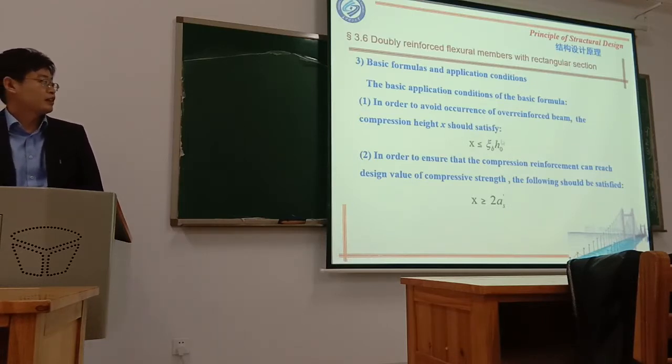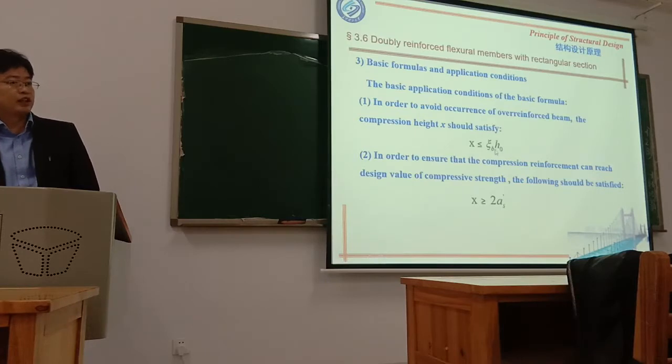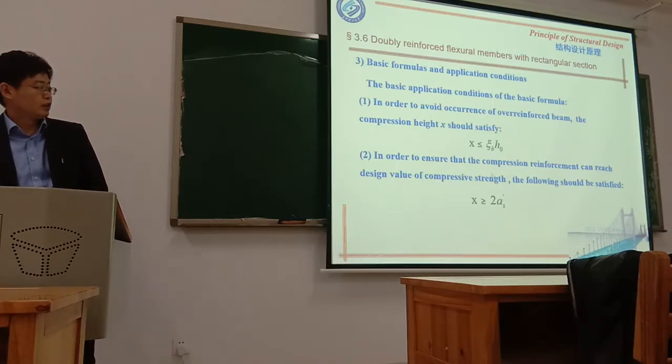Once X is larger than this value, that means your design is over reinforcement. And also, in order to make the reinforcement reach its yield strength, normally we ask X larger than 2 times AS prime.